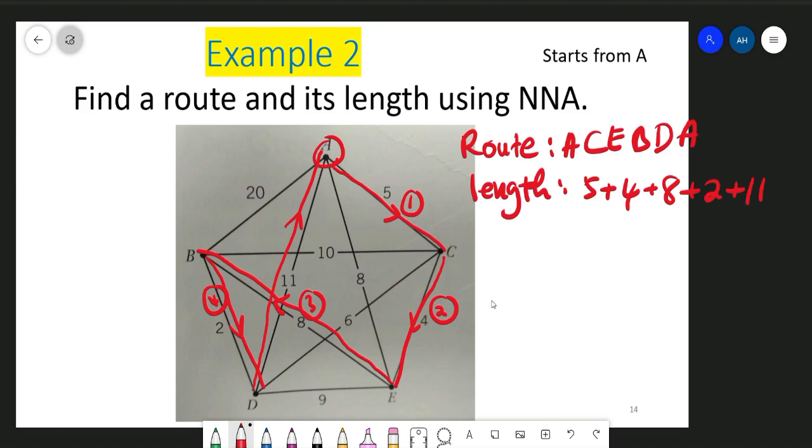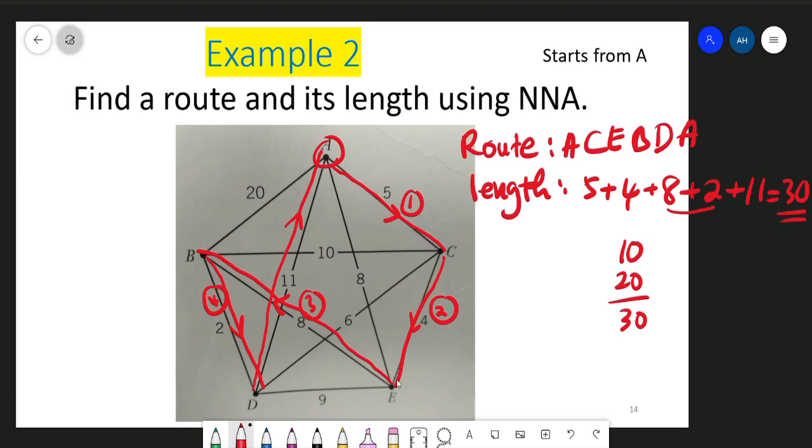So the total: this is 10, 11 plus 9 is 20, so the answer is 30. The total weight is equal to 30 kilometers, maybe $30,000, or 30,000 ringgit or whatever the unit is. That's the value, 30.